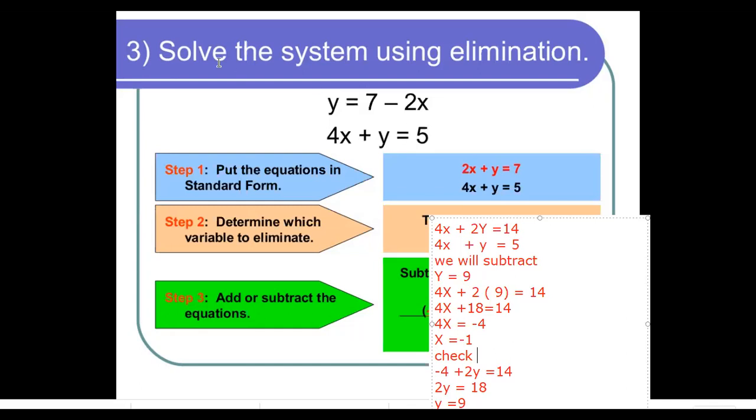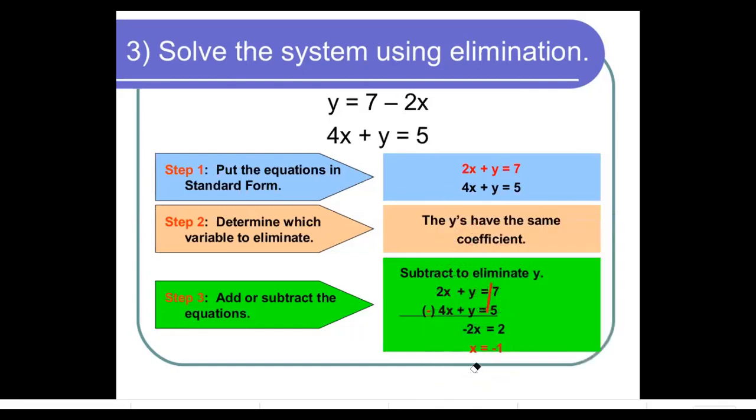In this one, we can multiply one of the two equations to make the coefficients the same. We can also divide the first equation by 2, so it will be x plus half y equals 3.5, but this will make the question harder.